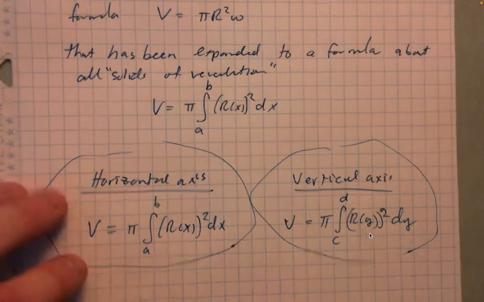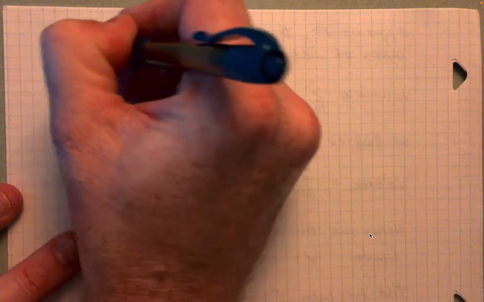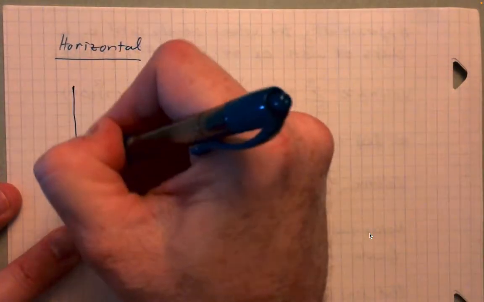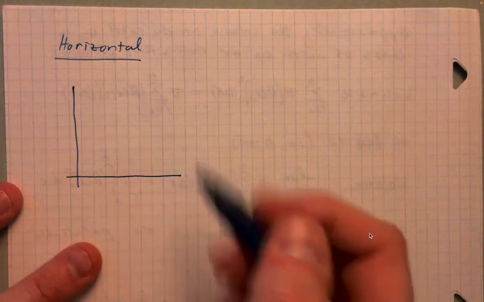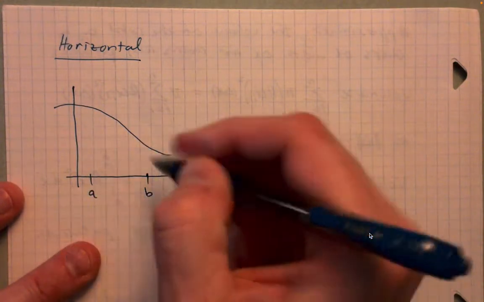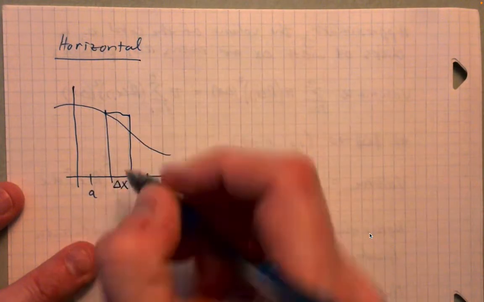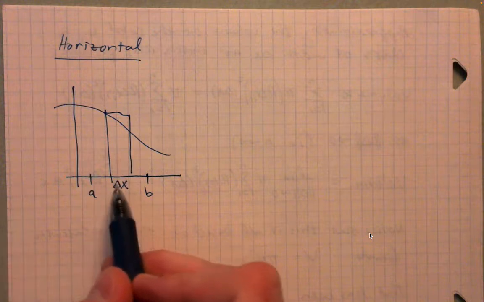Okay, so just to underscore this, let's talk about what I mean by horizontal and vertical. I think you probably have a sense for what I mean, but let's just make sure. If it's horizontal, that's what we've been describing. That's where you've got some function, you've got your a to b, and your representative rectangles have width delta x, some width on the x-axis.